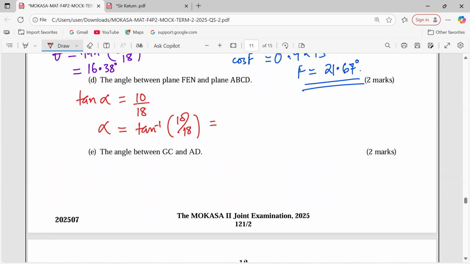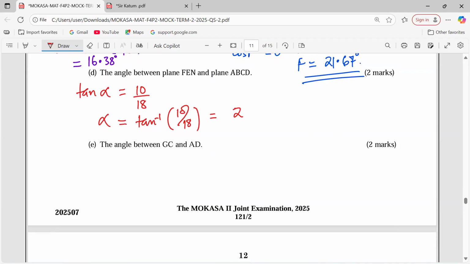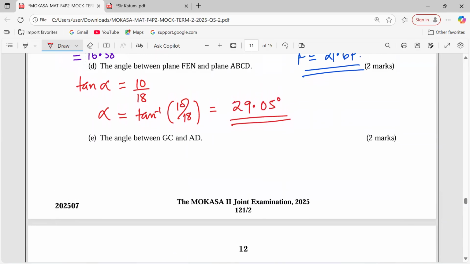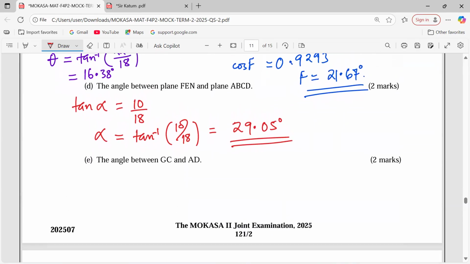What does this give us? Shift tan 10 over 18. This gives us 29.05 degrees.